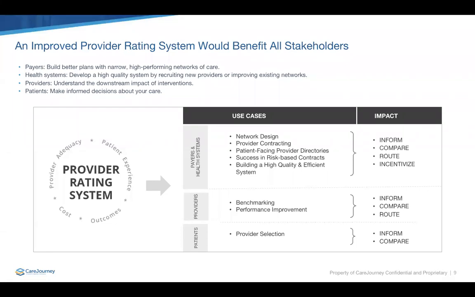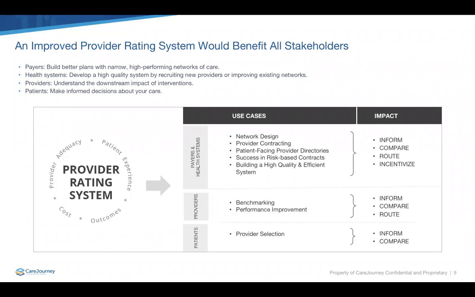Health systems are obviously trying to figure out ways in which they can improve the performance of the networks they've established or to recruit or expand the networks into new markets. Physicians clearly want to understand their performance, and if there's more transparency in the underlying methodology, then they have a clearer path to the actions necessary to be a higher value performer.